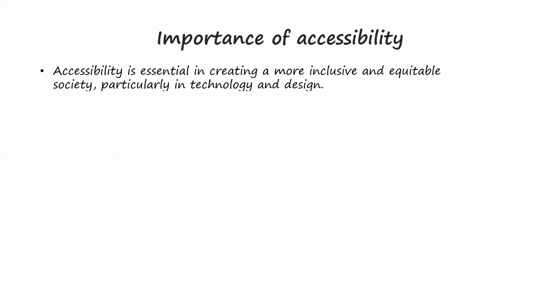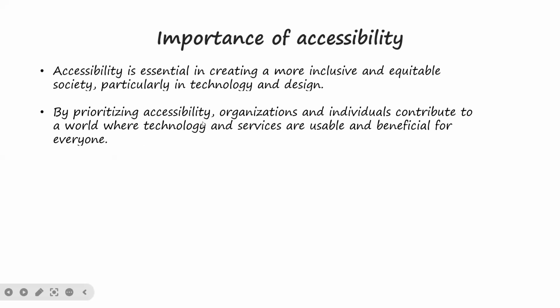You're creating a more inclusive and equitable society, particularly in technology and design, where everybody has equal access to the application. By prioritizing accessibility, organizations and individuals contribute to a world where technology and services are usable and beneficial for everyone.